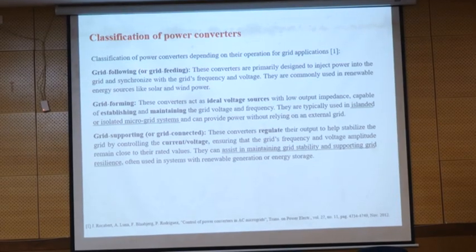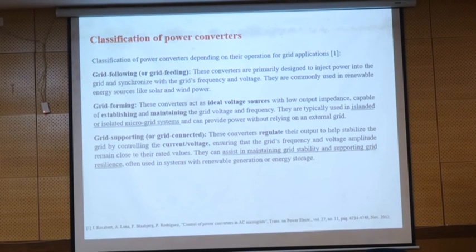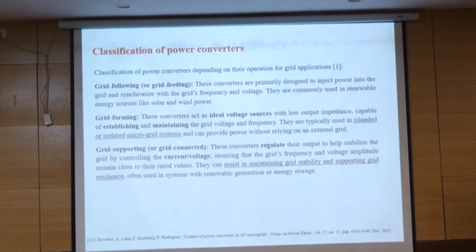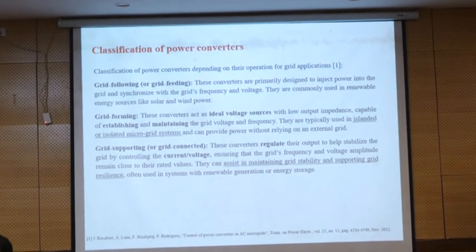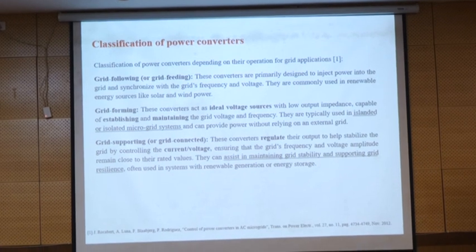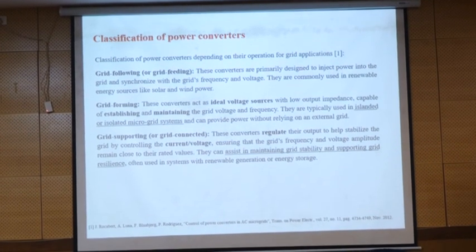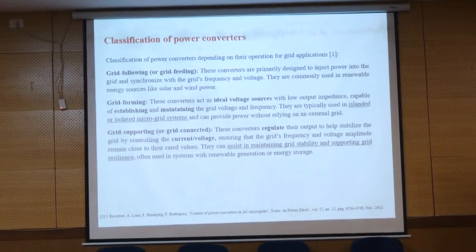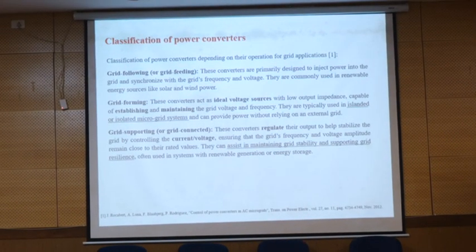Grid following just follows the voltage and frequency of the system and then provides the power from generation to the load side or to the grid. Basically the idea is that we inject the maximum power from generation to consumption.